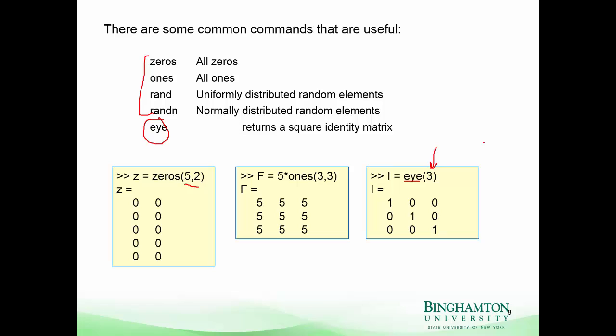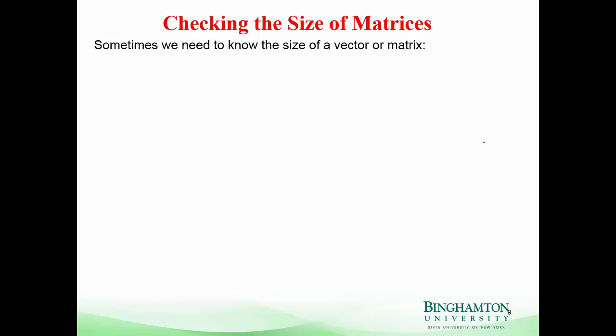So you just put in 1 number and it will make whatever number by whatever number you put in. In this case I put in 3, so it'll make a 3 by 3 identity matrix. So that's very nice.